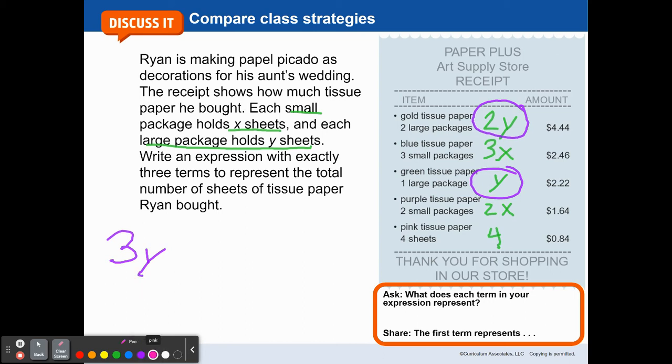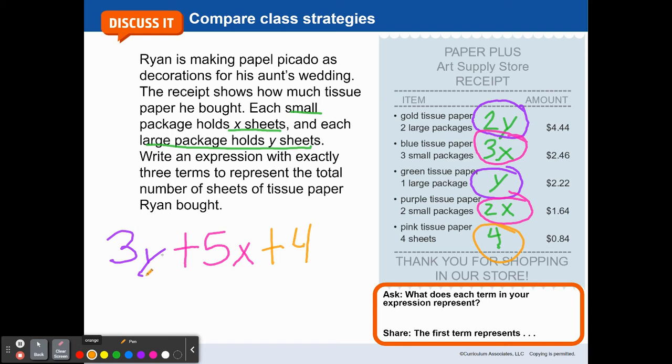Then I have 3X and 2X. 3X plus 2X, because I'm wanting a total, right? 3X plus 2X is going to be 5X. And then I have my constant there all by its lonesome that I would need to include in this expression.